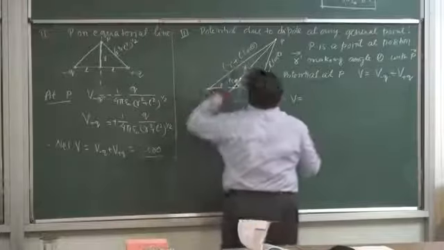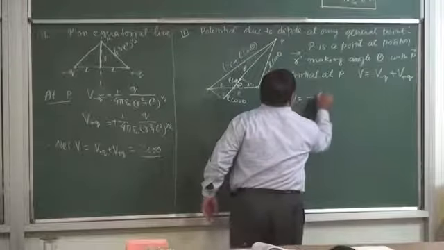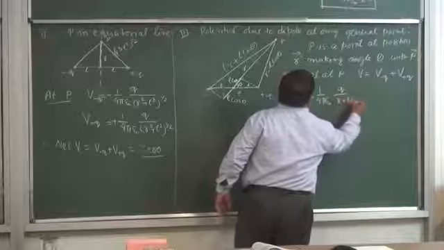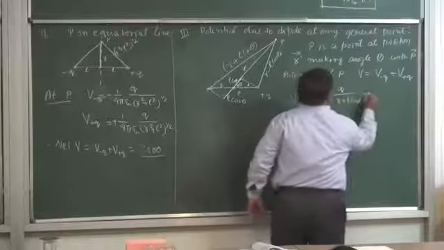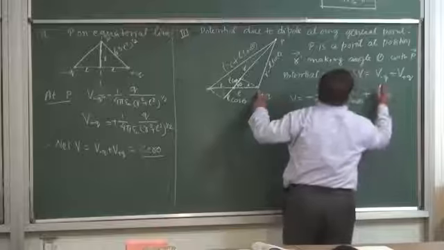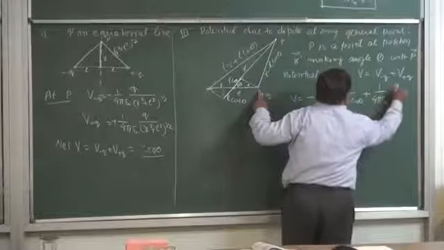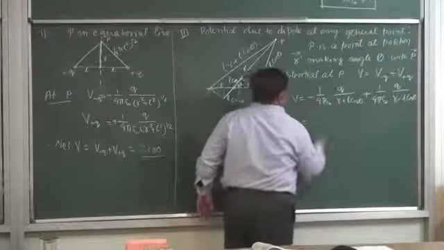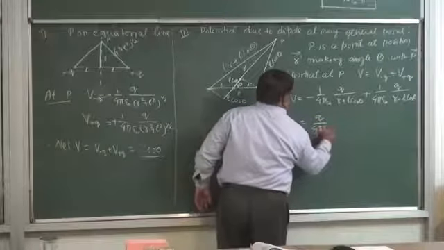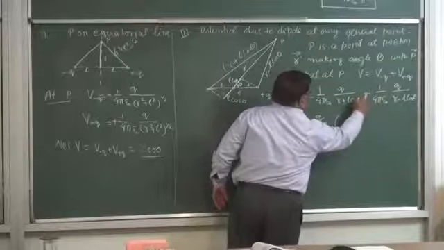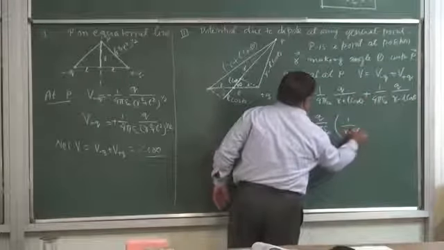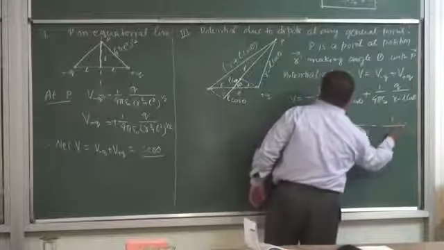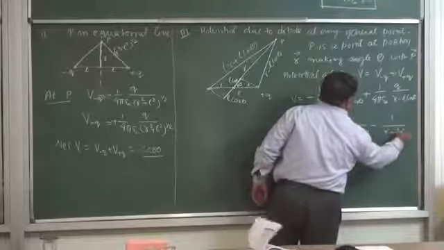V is equal to V due to minus Q, minus 1 upon 4 pi epsilon naught Q upon R plus L cos theta, plus V due to plus Q, 1 upon 4 pi epsilon naught Q upon R minus L cos theta. This is equal to Q upon 4 pi epsilon naught, and here positive first, 1 upon R minus L cos theta minus 1 upon R plus L cos theta.